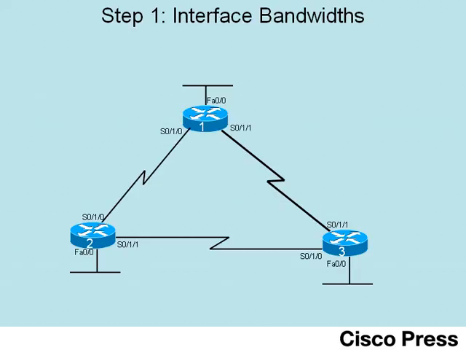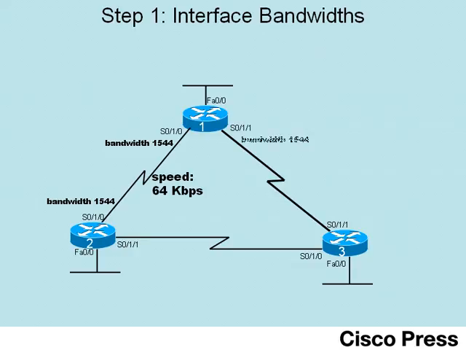For example, in this network, the link between R1 and R2 is actually clocked at 64 kilobits per second. However, as you see here, we're going to default the bandwidth setting to the default serial bandwidth setting of 1544 on both ends of that link. Now the 1544 means 1544 kilobits per second, which of course is 1.544 megabits per second, which is T1 speed.